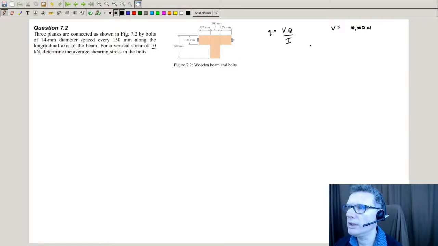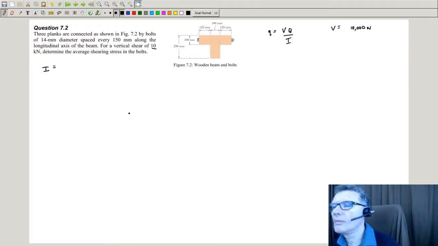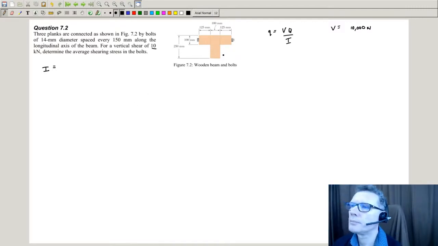Let's work out the I next then. Which I can't do because I don't know the neutral axis. So let's work out the neutral axis.